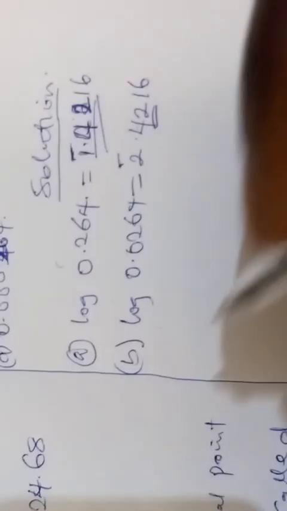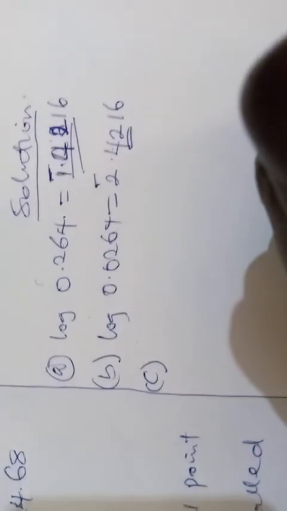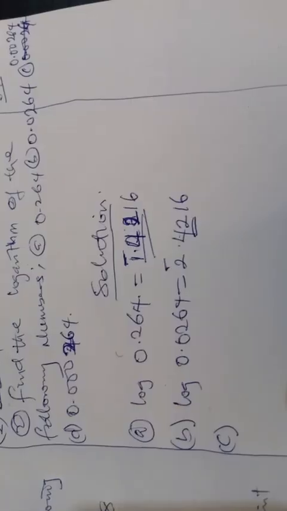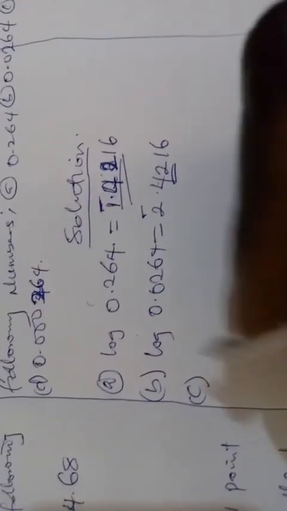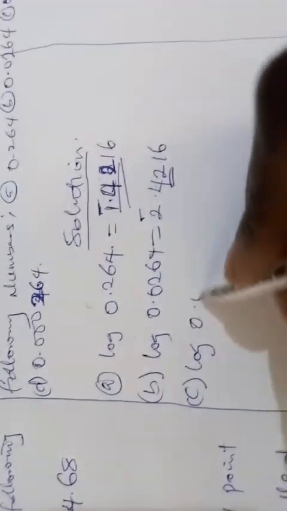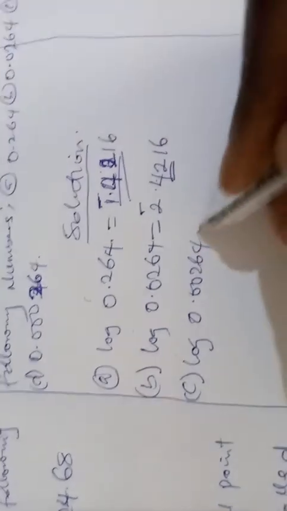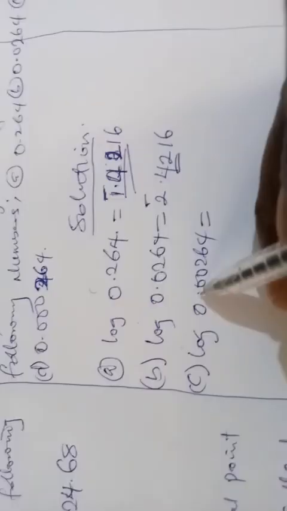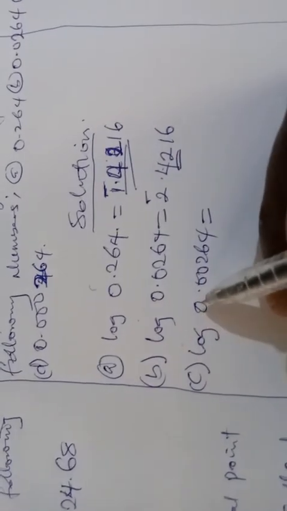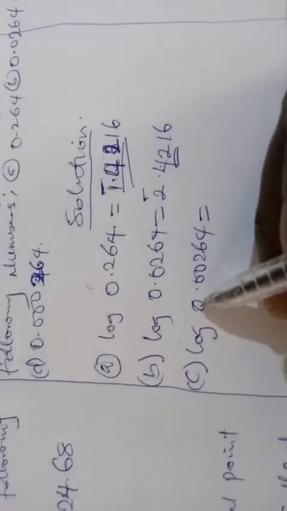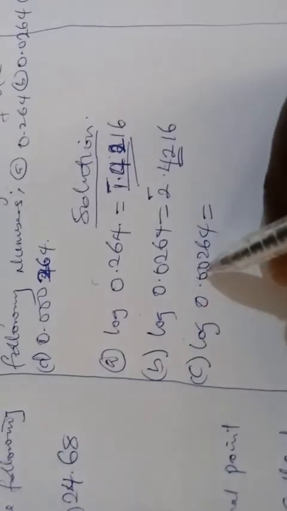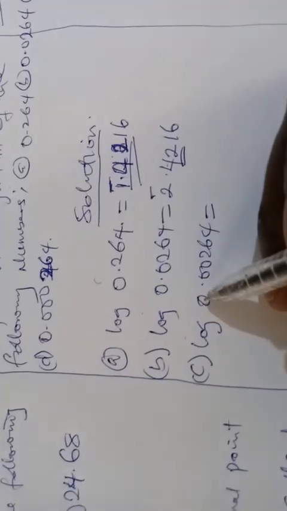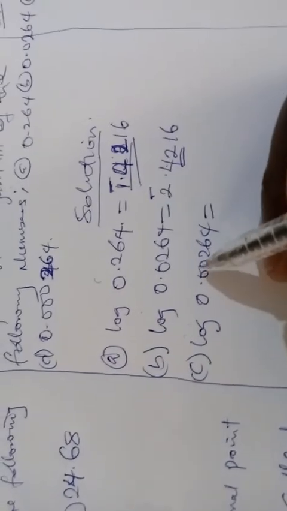Let's quickly take the C. So what's in C question? Log of 0.00264. When you see now, how many zeros are following each other? 0.00. The 0 is the integer here. How many zeros follow each other after the first 0, which is the integer? 1, 2, 3.